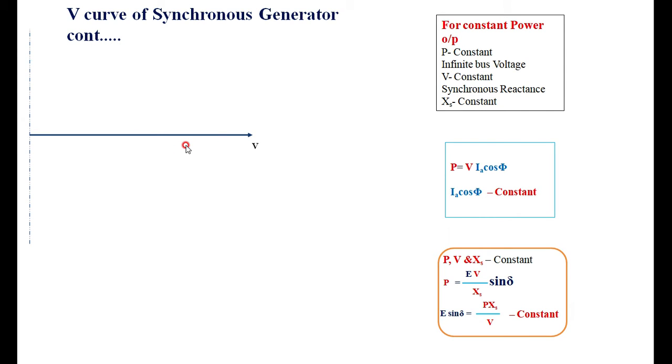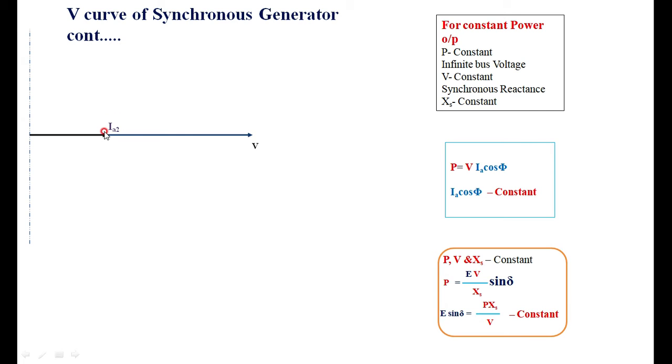Then we have to draw the vector diagram for the alternator connected to the infinite bus. V is the infinite bus voltage, and the current delivered to the infinite bus, first I am considering at unity power factor. Then adding IAXs to V, I get the generated voltage.